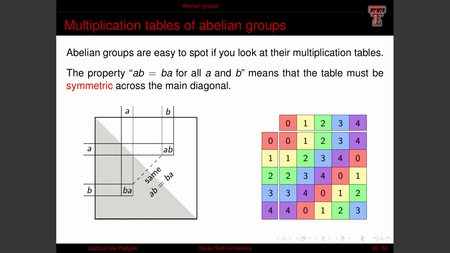But the idea is, if you cut it in this way, then they should be mirror images of one another. So when I'm looking at a multiplication table, I can draw this diagonal line and ask myself, if I fold along this line, does everything match up? And in this situation, it does for every single element, so it is abelian. So abelian has this very nice symmetry because of the symmetry of the operation.